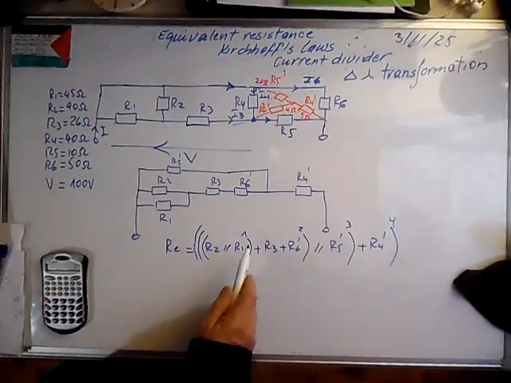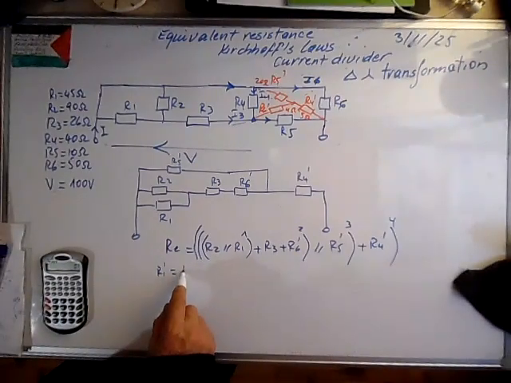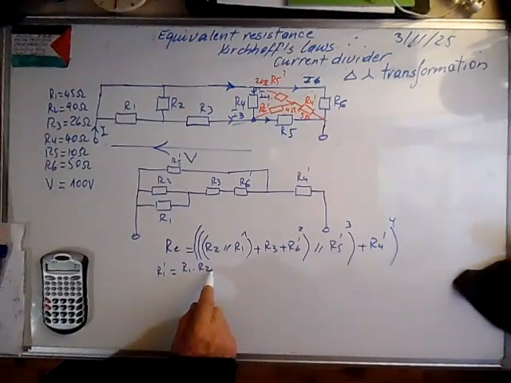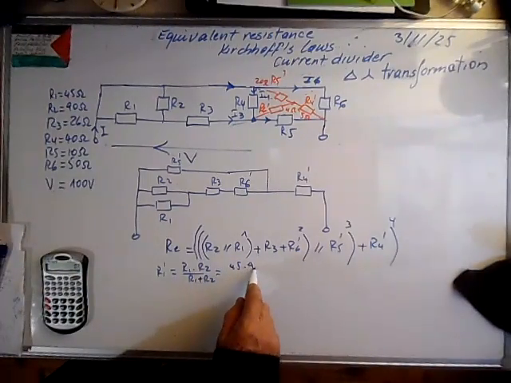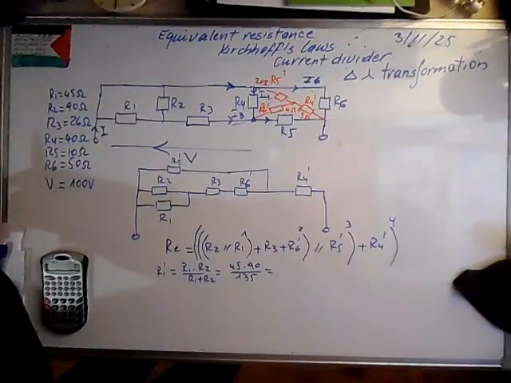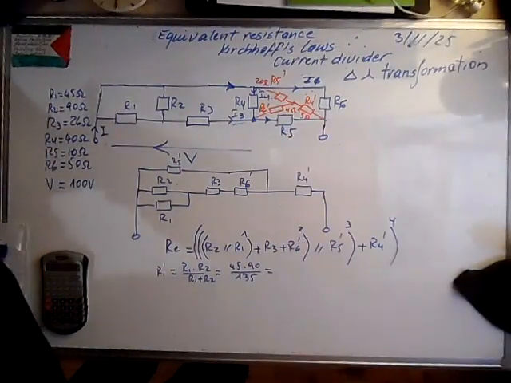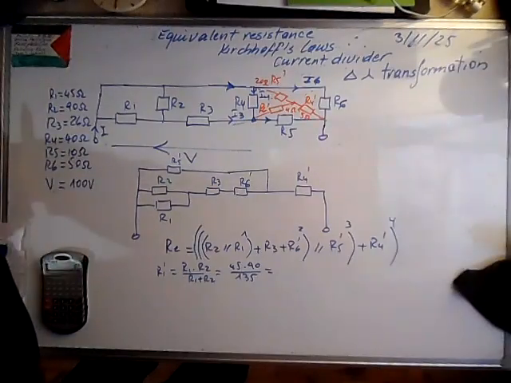So let's call this one R1 prime. This is R1 times R2 over R1 plus R2. This is 45 times 90 over 135.